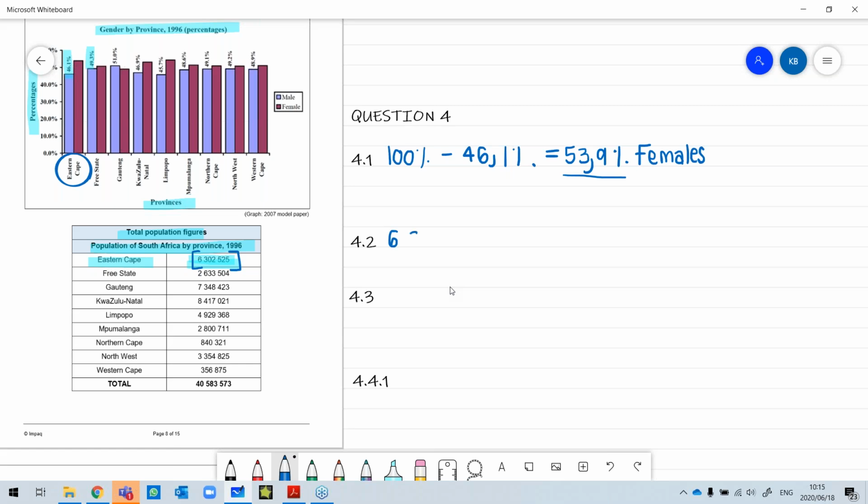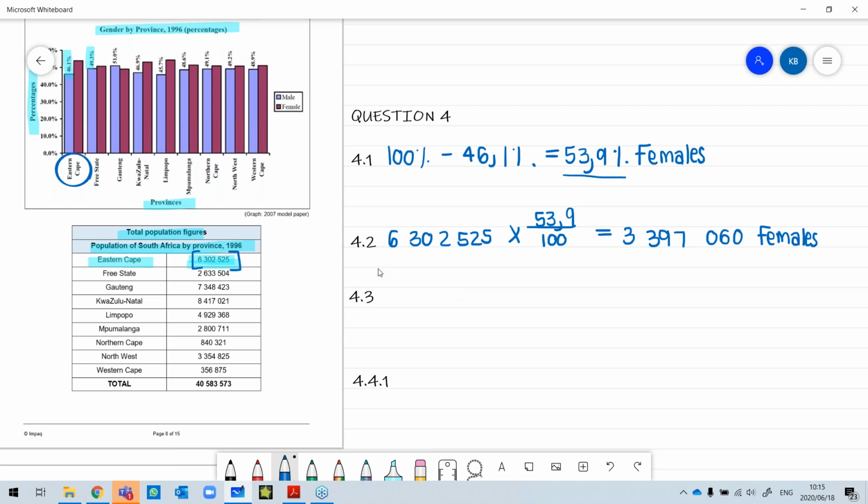Therefore, we say 6302525 multiplied by 53.9, and we place it over 100 to make that percentage a fraction. We type that into our calculator. It is going to give us an answer of 3,397,060 females.